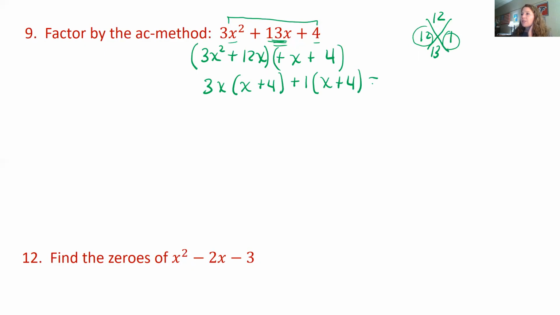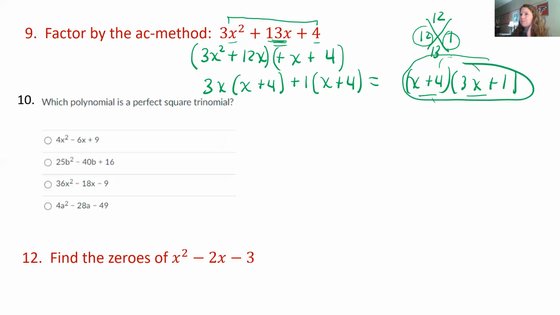So my final answer is x plus 4, because those match exactly. And then I'm putting the other 2 terms together. And that is my final answer. And it wouldn't matter if this one was second and this one I wrote first. It doesn't matter. All right, let me clear this screen.